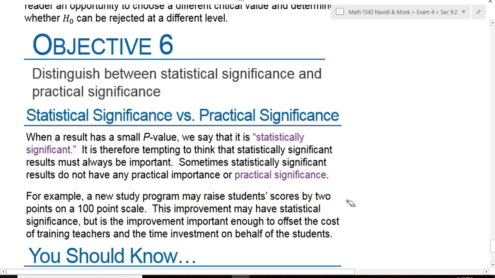This improvement may have a statistical significance, but the improvement may not be enough to offset the cost of training teachers. So if it costs the district $100,000 to implement this new program, but they only expect to see a 2-point increase in test scores, they may not want to spend that money just for 2 points.